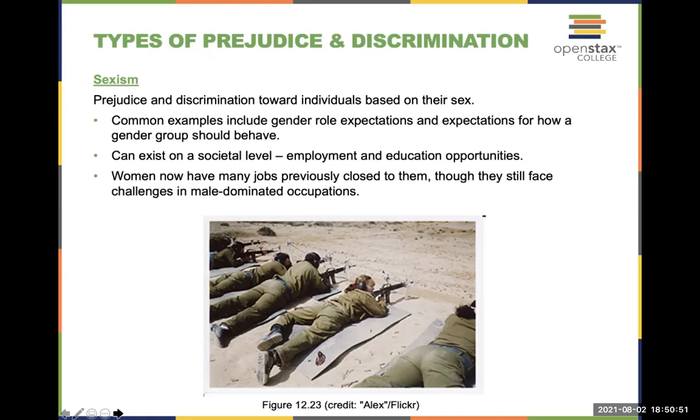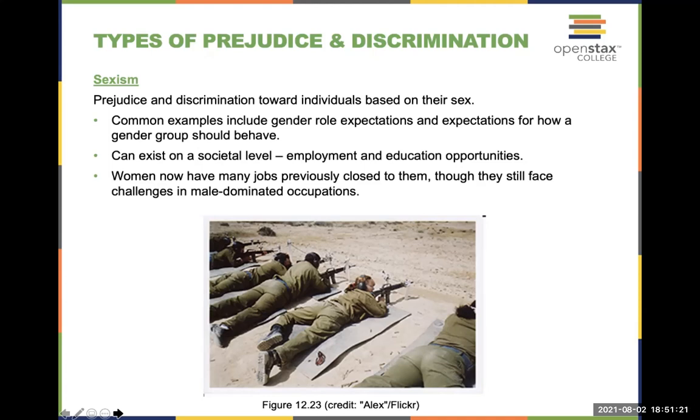Employment, education, women are paid much less than men. I might get these numbers wrong, so I'm going to throw out some numbers, and it's approximation. I think it's roughly somewhere in the 70 to 80 cent area per dollar that a man receives is what a woman receives.